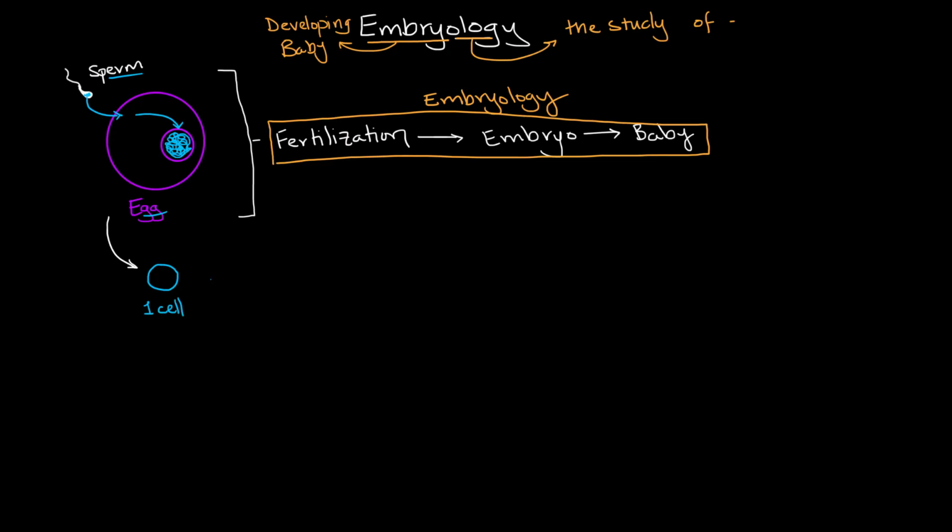Once the sperm and egg come together to form this single cell, the cell will quickly start dividing. It'll divide into two cells. And then these two cells will divide again, and we'll have 4 cells. And then those 4 will divide, and we'll get 8 cells.